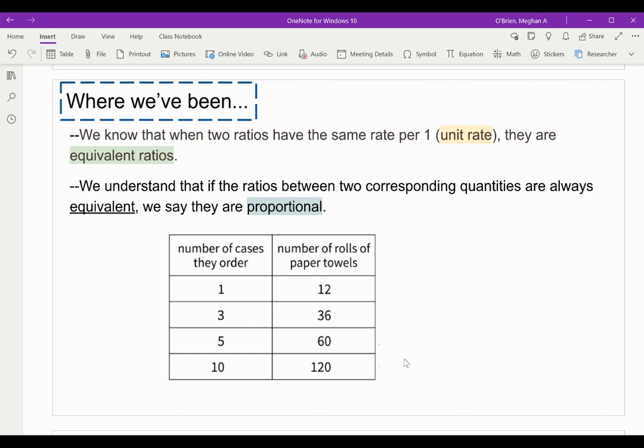Some of you wondered why the numbers skipped in the table. I just want to remind you that ratio tables can do that. We don't have to include every single equivalent rate, because once we get the gist, or the unit rate, of something, then we have enough information to be able to answer questions about it.